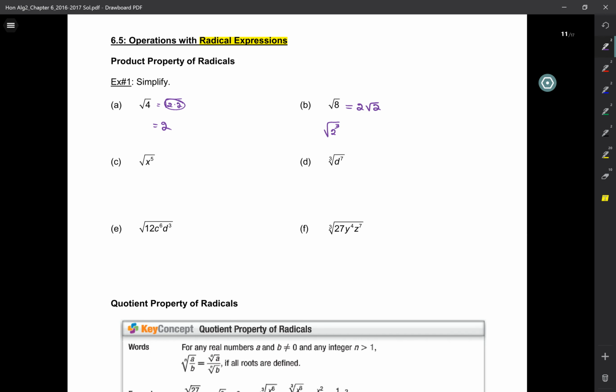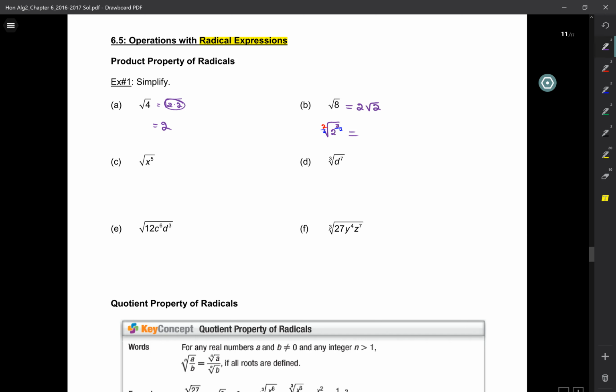Yes, right? Now, what is the index for the square root? 2. Now, remember how yesterday we were dividing the power by the index? What if we did the same thing here? Divide by 2. So what would we get? 3 divided by 2 is 1 with a remainder of 1.